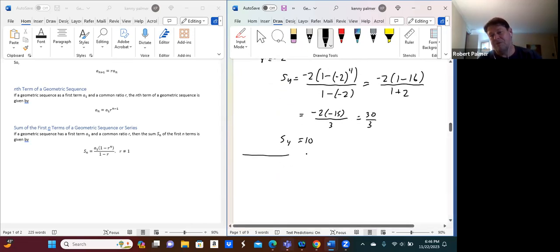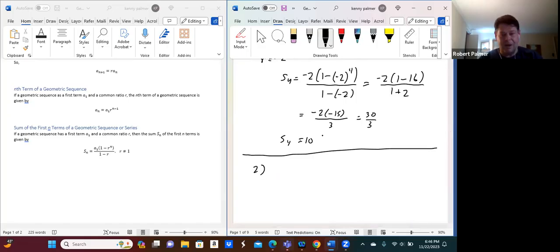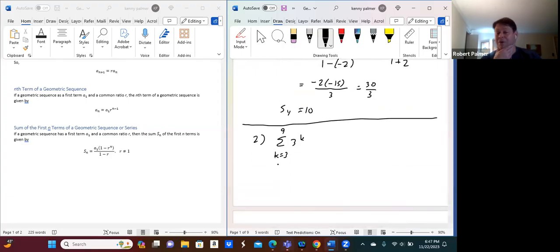Let me show you one that's just a bit different. So number 2, let's say we have the sum k equals 3 to 9 of 3^k. Now you notice this time our index is different.